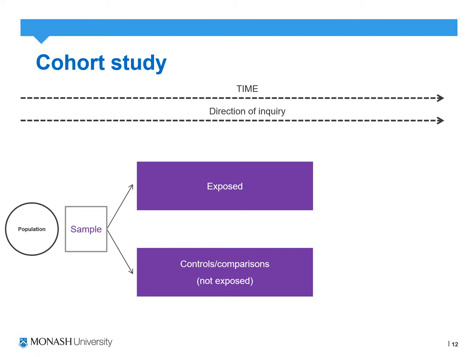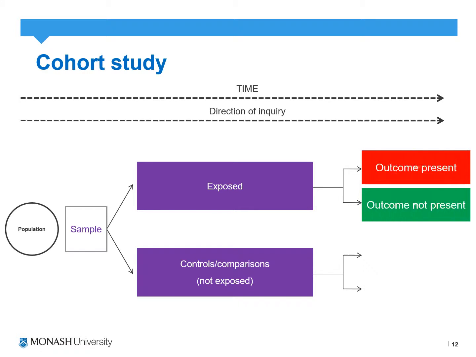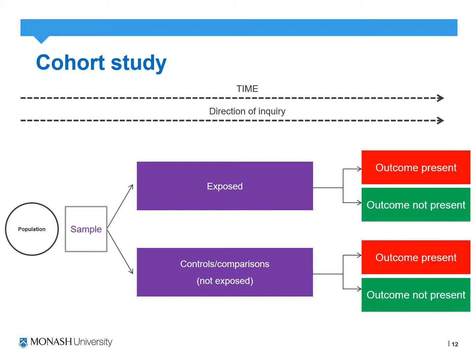Those that were not, we label either as our controls or our comparisons if they undertook a different intervention or activity. And then we simply follow them forward in time to identify whether or not an outcome is present. So very much a simple design, but a very powerful design as well.